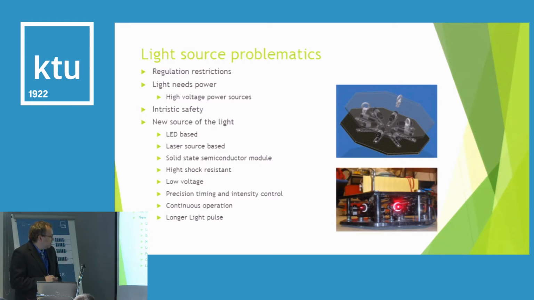So one advantage is that we can control the intensity of light. We can control the duration of the flash, or it could be continuous with this laser, which is impossible with the xenon flash. It's a lower voltage, so it's not such a big problem with high voltage and intrinsic safety. And again, it's shock resistant because there is no mechanically critical part inside.